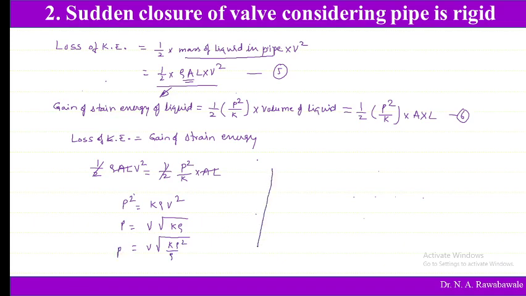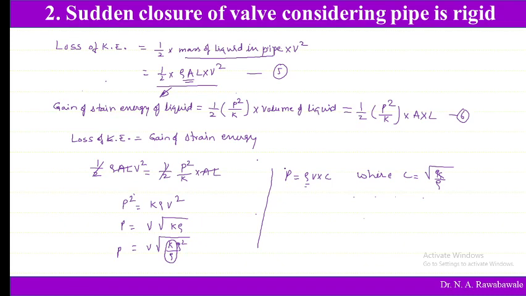So now P is equal to rho V into C, where C is equal to square root of K divided by rho. So square root of K divided by rho is taken as C, and square root of rho square is taken as rho outside this bracket.